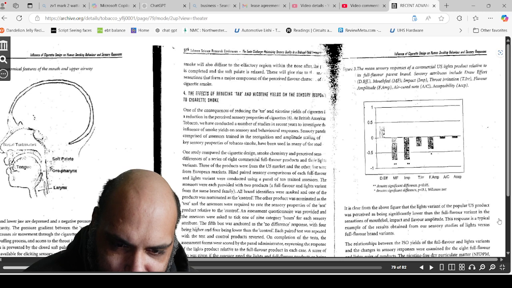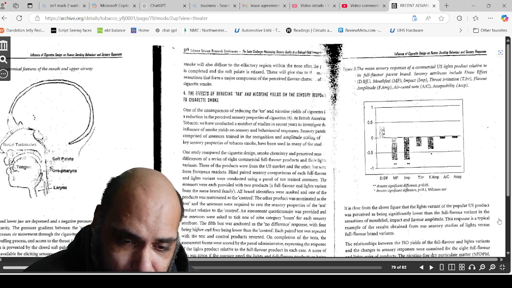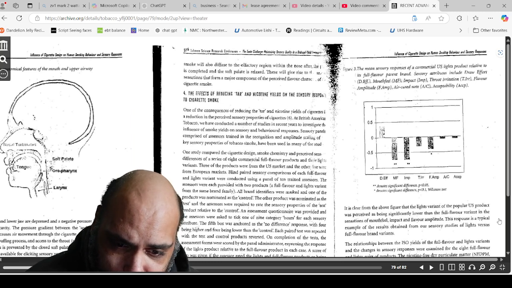Blind paired sensory comparisons of each full flavor and light variation were conducted using a panel of 10 trained assessors. The assessors were each provided with 2 products, a full flavor and light variant from the same brand family. Brand identifiers were masked, and one of the products was nominated as the control. The other product was nominated as the test, and the assessors were required to rate the sensory properties of the test product relative to the control, and an assessment questionnaire was provided.